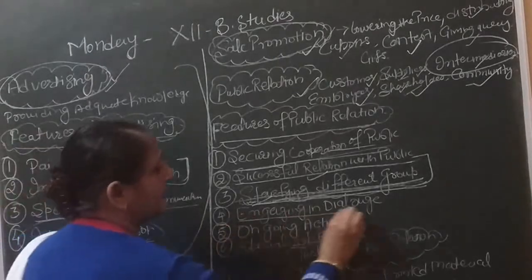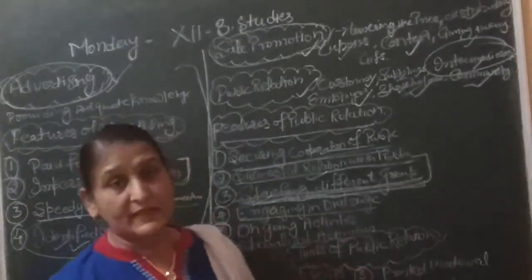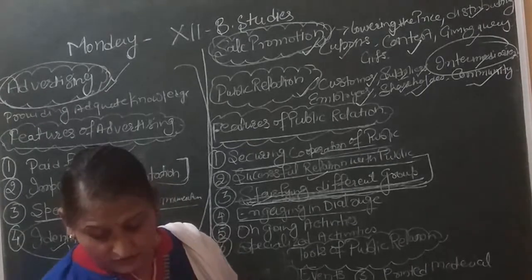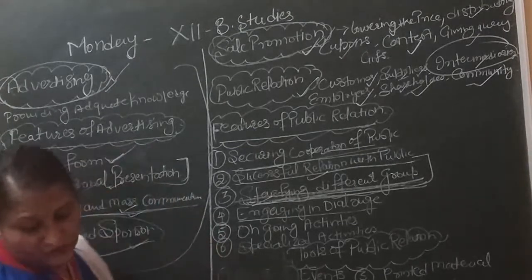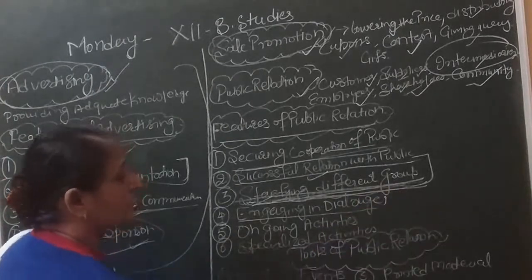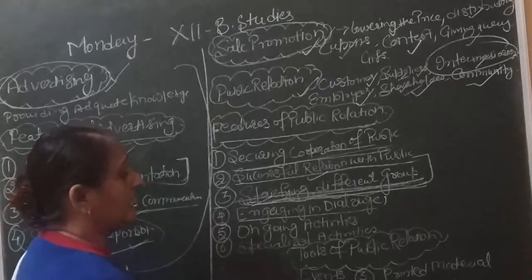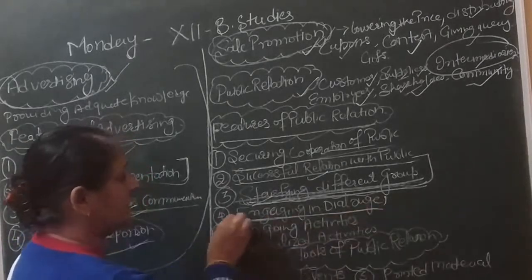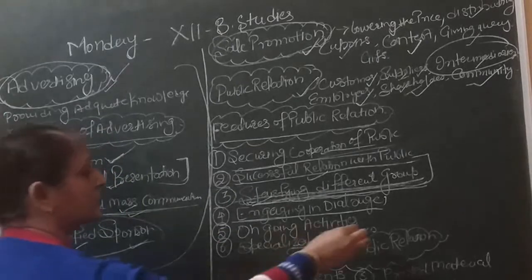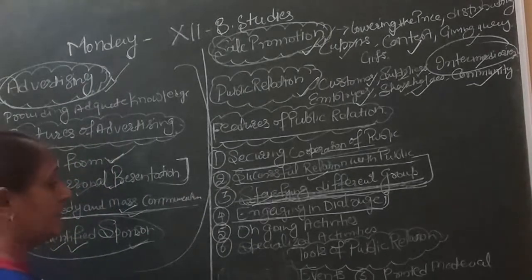Then engaging in dialogue means direct conversation between the public and the organization, between the different groups of persons and the organization, right? So every organization wants to enjoy their reputation, their name and fame, and if they are in direct contact with groups of persons, then it means the organization is engaged in dialogue, then the conversation is made directly between the people, then an image is created.